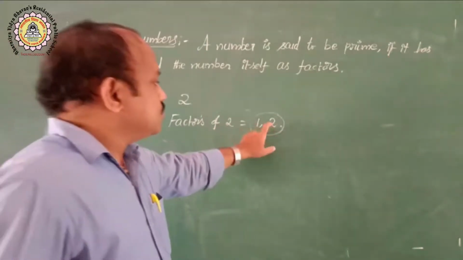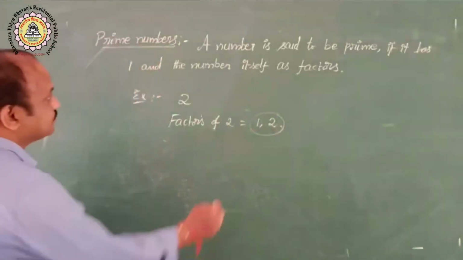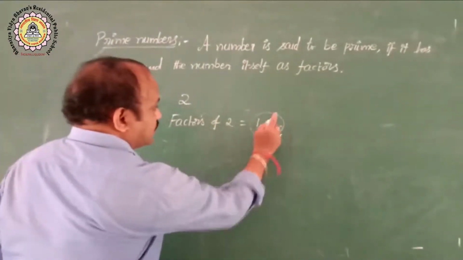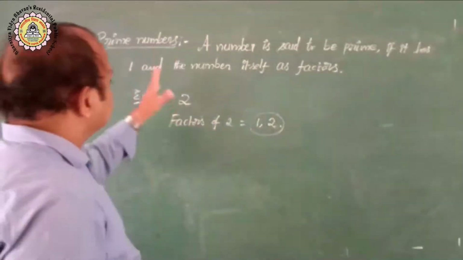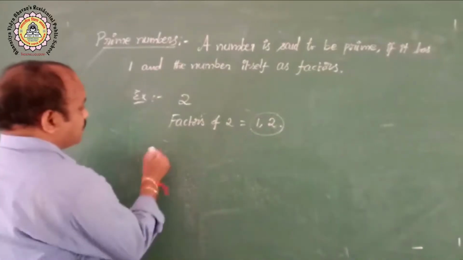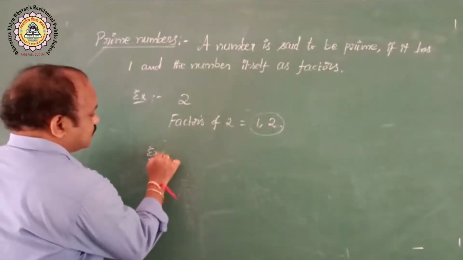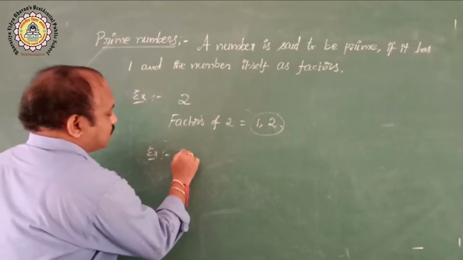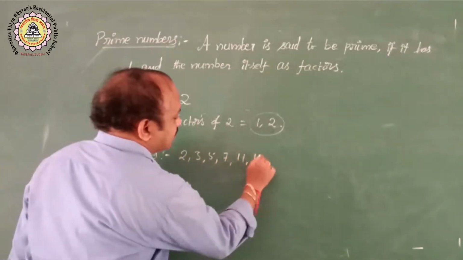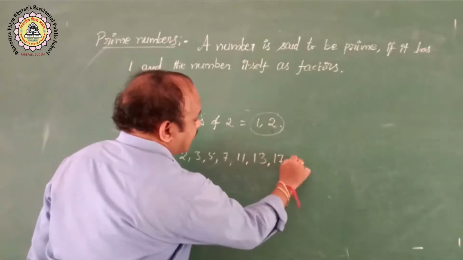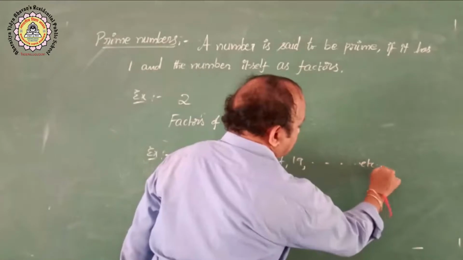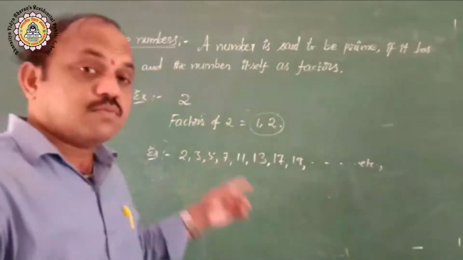So 1 and 2 are the factors. 1 and 2 means only 2 factors. That's why 2 is a prime number. So many examples are there for prime numbers. 2 already is there. 2, 3, 5, 7, 11, 13, 17, 19 and so on. These are all examples for prime numbers.